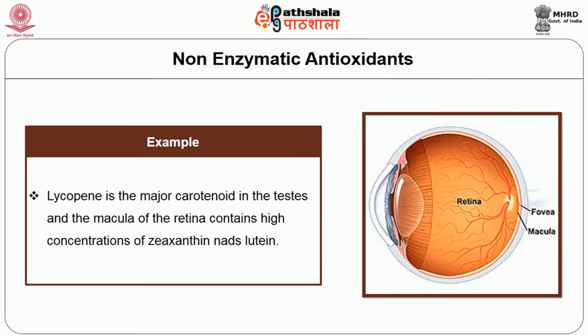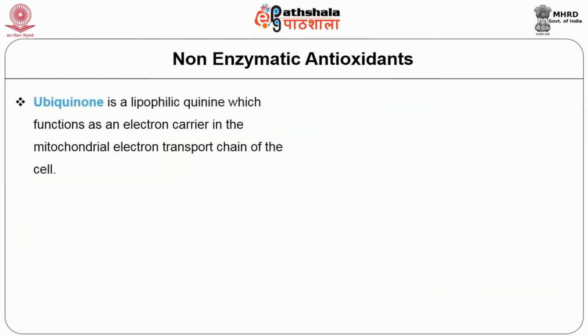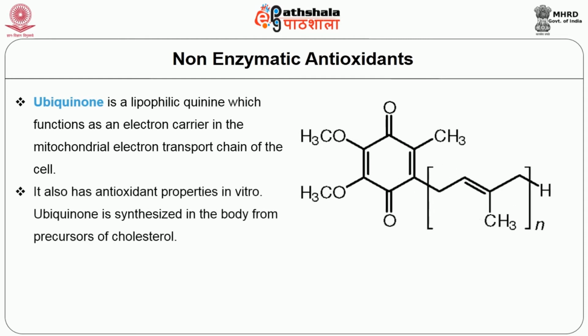zeaxanthin and lutein. Moving on to ubiquinone, a lipophilic quinone which functions as an electron carrier in the mitochondrial electron transport chain of the cell. However, it also has antioxidant properties in vitro. Ubiquinone is synthesized in the body from precursors of cholesterol.